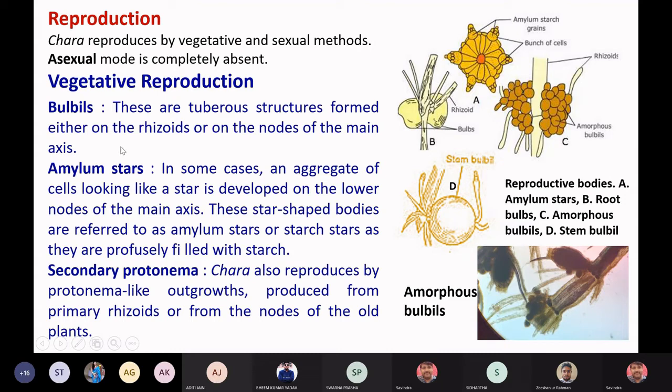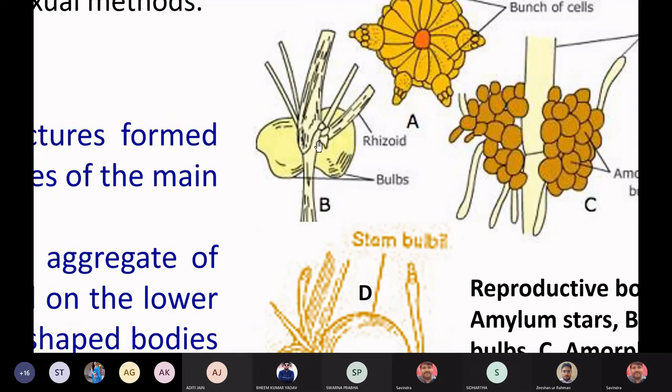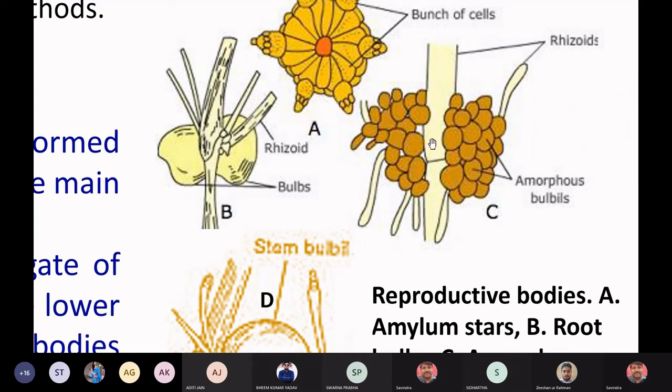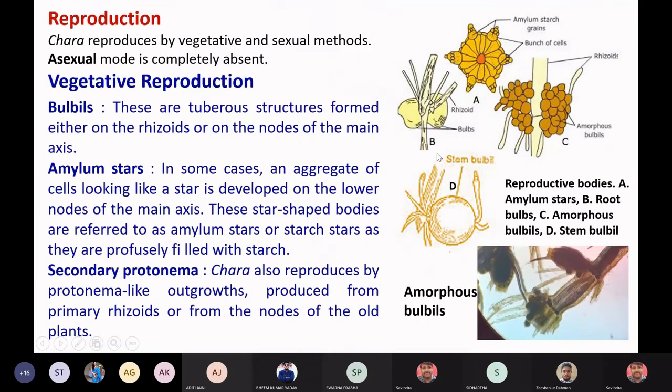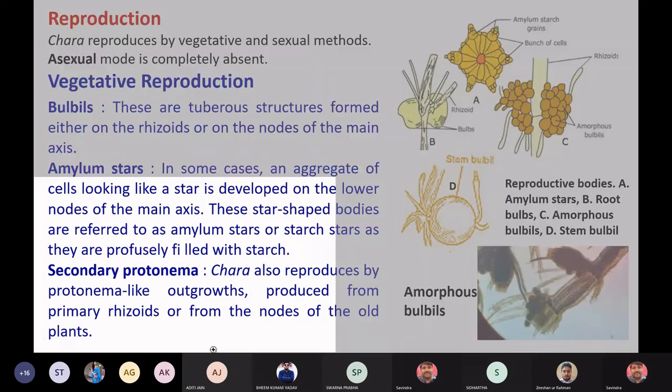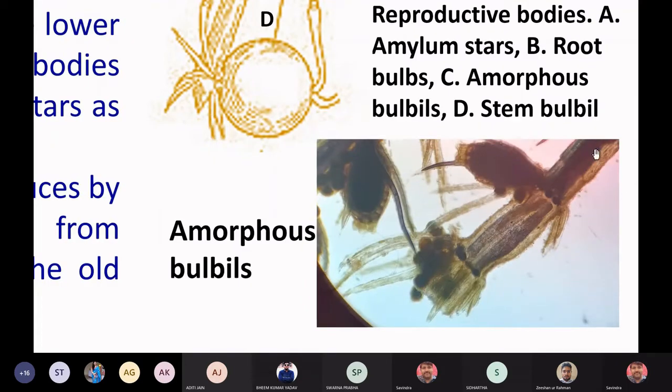Bulbils are tuberous structures formed either on the rhizoids or on the nodes of the main axis. This is the bulbil. Rhizoids पे मिल गया oblique septa के साथ. और you can see the rhizoid, this is amorphous. हो सकता है कि एक single structure की तरह आए, और it may arise as multiple structures, like in our material we have seen.